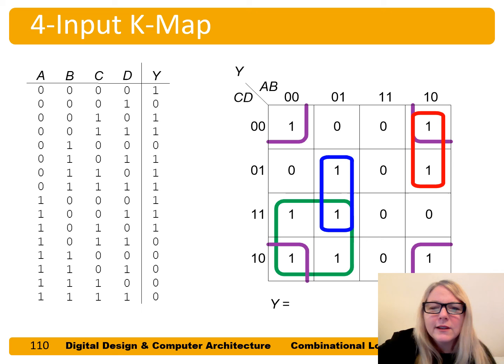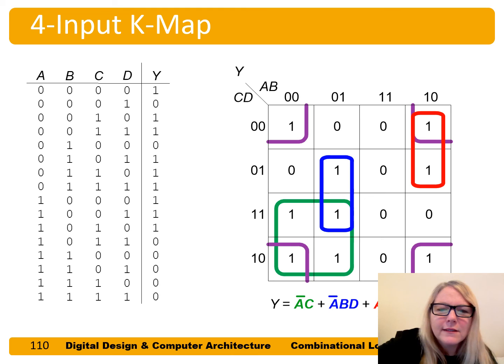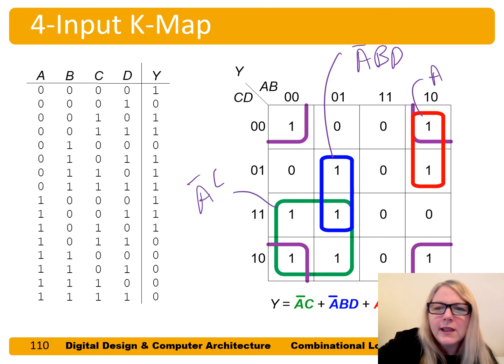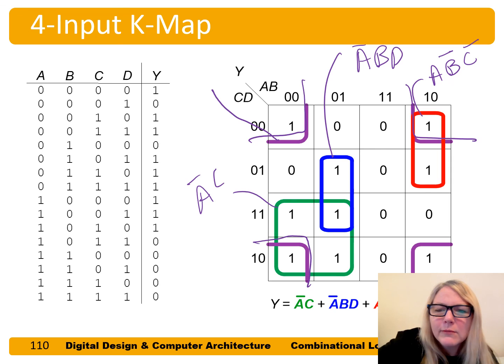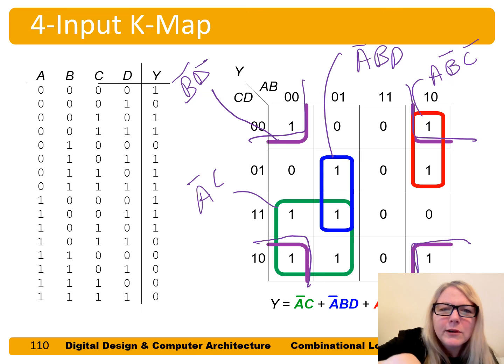And here we show those correct circles and the equation: A bar C or A bar B D or A B bar C bar, and then our final value, this circle of 4, right? This size 4 implicant because it has 4 min terms included in it. This is our B bar D bar implicant.